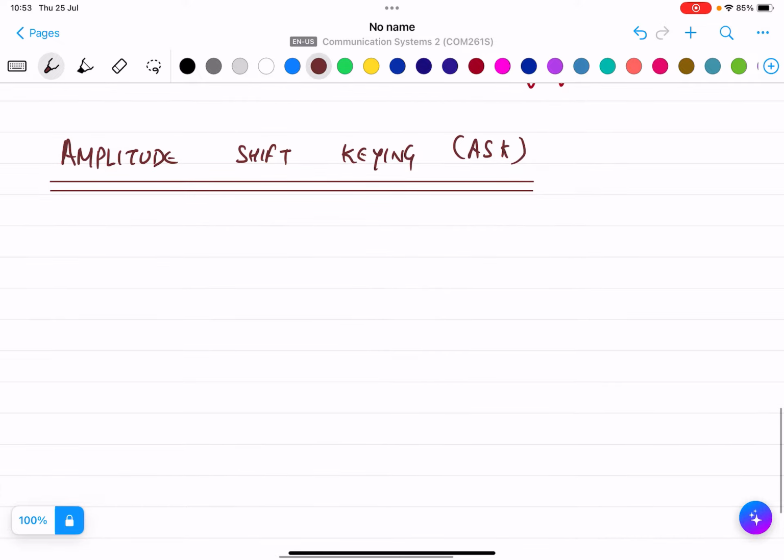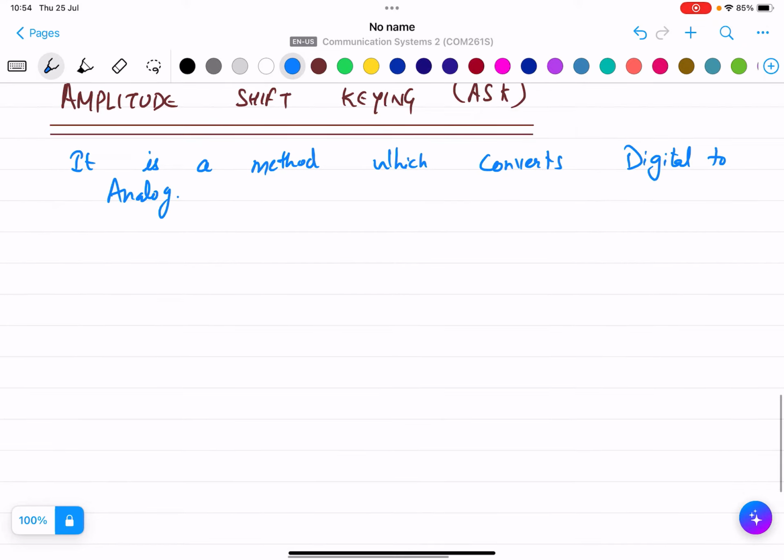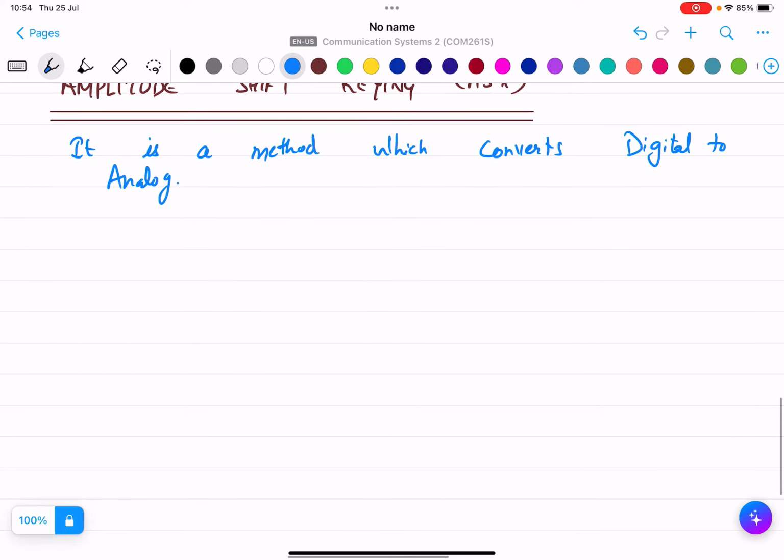When I am talking about amplitude shift keying, it is a method which converts digital signal to analog signal. Remember, now we are talking about the digital signal and we are converting it to the analog signal. So what is the definition of ASK?